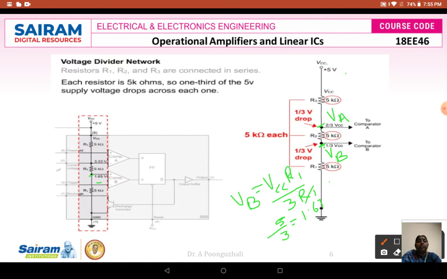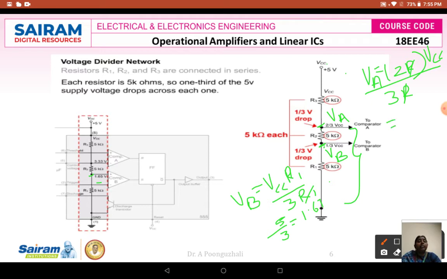To find the VA voltage, it is nothing but the drop across these 2 resistors. These 2 resistors we are going to take, that is nothing but 2R1. So VA is your total voltage VCC into 2R divided by the total resistance, which is 3R.